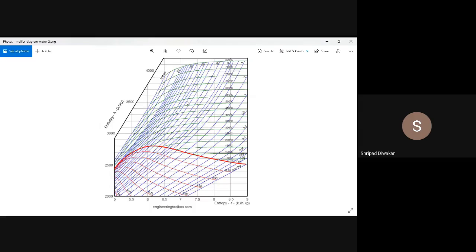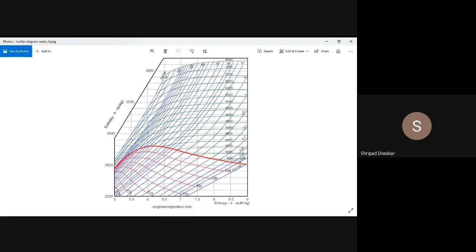Suppose I take 500 bar and one more temperature, say 600 degrees Celsius. In that case, it is very easy to find H1. 500 bar is there. You can see the blue line and the green line. You can take this line as 500 degrees Celsius.